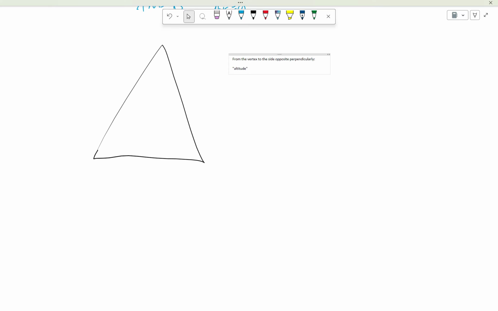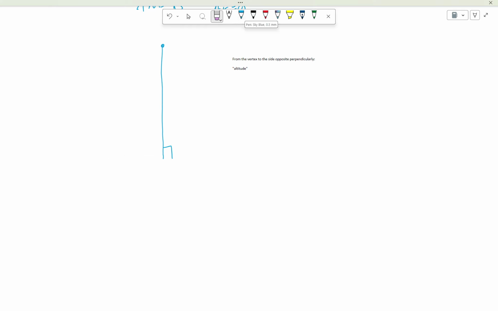So here's how we form an altitude. From the vertex, I'm going to draw this height perpendicular. It's not a perpendicular bisector, right? Because the bisector would cut the side in half. But that's not what we have here. Instead, we have this altitude, which is from the vertex to that side opposite.